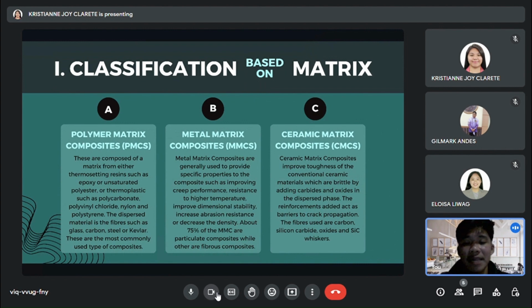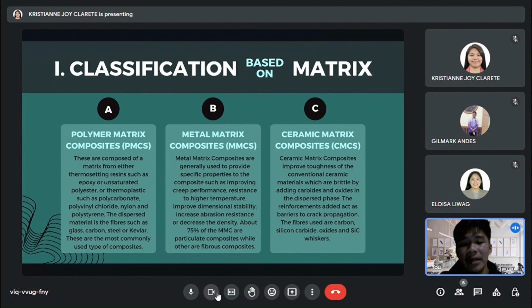The reinforcement surface can be coated to prevent a chemical reaction with the matrix. For example, carbon fibers are commonly used in aluminum matrix to synthesize composites showing low density and high strength.